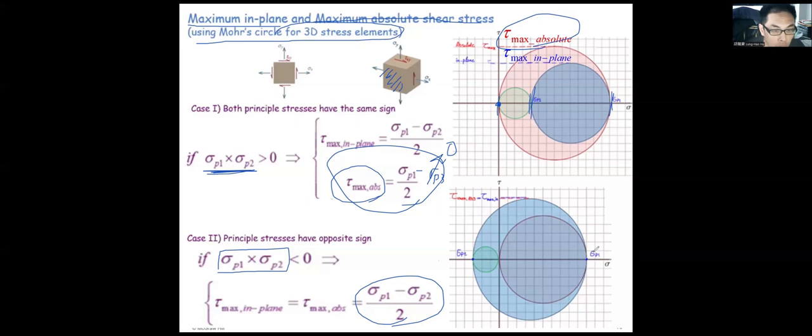So sigma 1 is right here and sigma 2 right here. And usually we always define the order sigma 1 greater than sigma 2 greater than sigma 3.